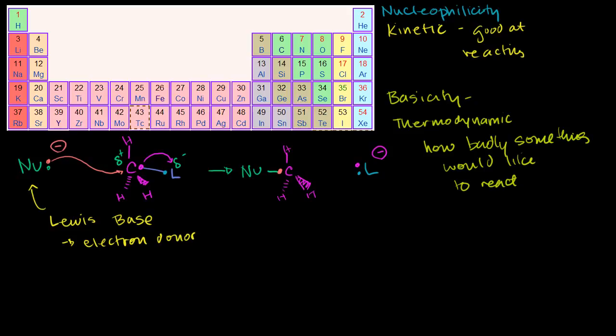Let's think about this. Actually, I should say fluoride. So fluoride looks like this: 7 valence electrons for fluorine, and then it swiped one extra electron away. You get fluoride. So fluoride is reasonably basic.